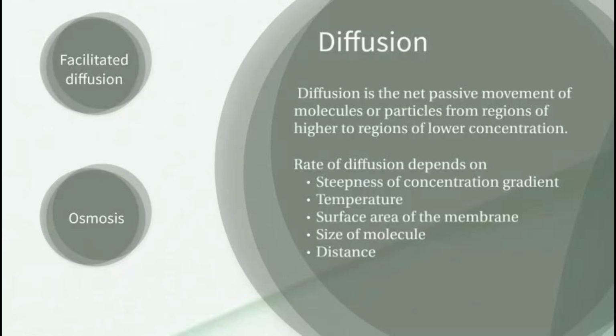So diffusion is the net passive movement. So the important thing here is that it's passive. So this means it doesn't use energy. So what this means is that if you just leave some molecules, they will, on their own, move from areas of high concentration to areas of low concentration. We can think about this by imagining someone spraying deodorant.